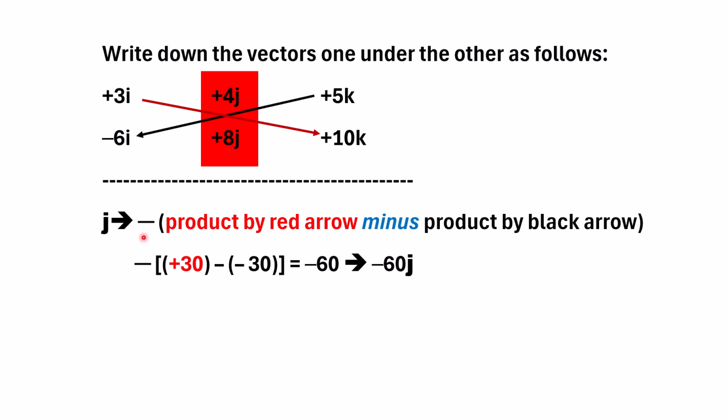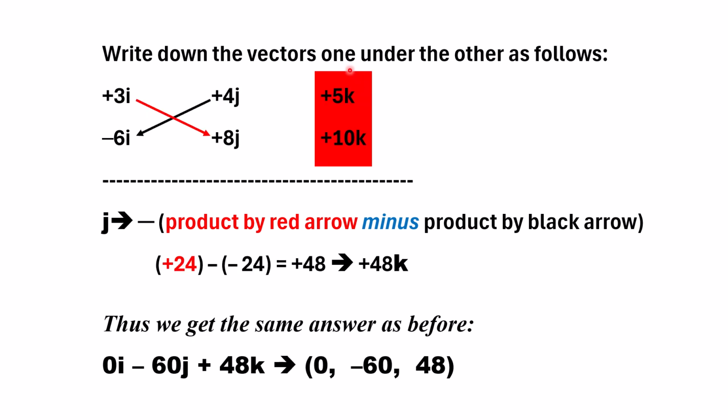So the negative of product by red arrow minus product by black arrow, that is the negative of plus 30 minus minus 30, so it will give you minus 60. So we put minus 60j, right? We have to put a minus sign only for j, not for i, not for k, only for j. You got an extra minus sign, so the negative of the difference between the two products gives you minus 60j.